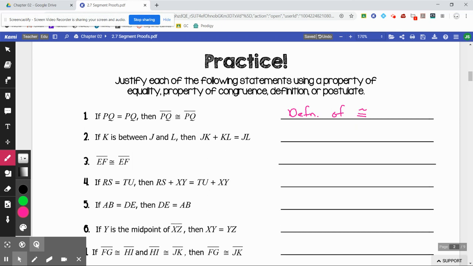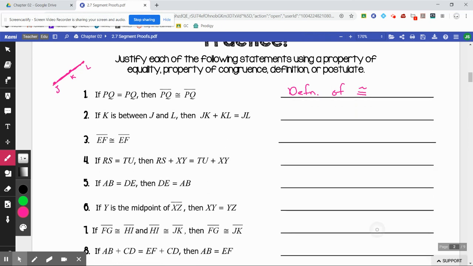Number 2 says K is between J and L on a line. So if K is between J and L, and we know that JK plus KL is equal to the whole thing, that is the segment addition postulate. And you can always abbreviate these things.